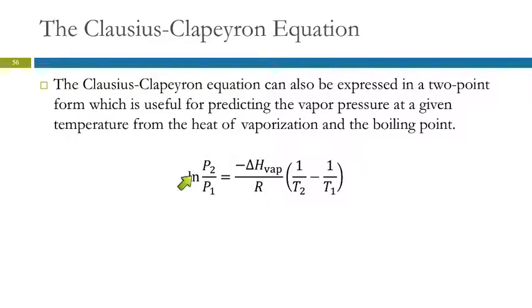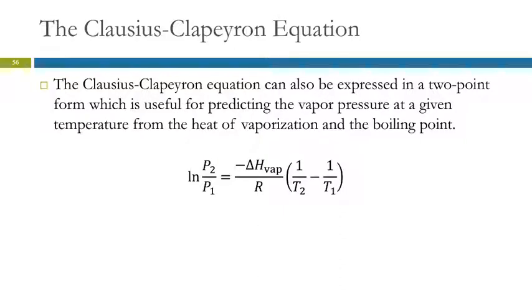So this tells us the natural log of P2 over P1 is equal to negative delta H of vaporization over R times the quantity 1 over T2 minus 1 over T1. The T's have to be in Kelvin. The pressures here, because it's a ratio of the pressures, as long as the pressures are in the same unit, those units are going to cancel out, and so the pressure unit doesn't matter. It just has to be consistent.